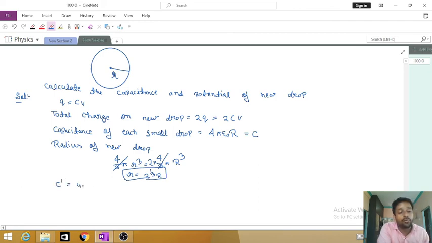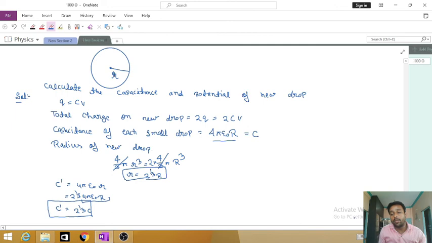C dash equals 4 pi epsilon naught into r of the new drop, and small r is 2 power 1 by 3 times capital R. We can see above that 4 pi epsilon naught R is equal to C. So C dash is equal to 2 power 1 by 3 times C. This is the capacitance of the new drop. I hope it is clear to everyone.